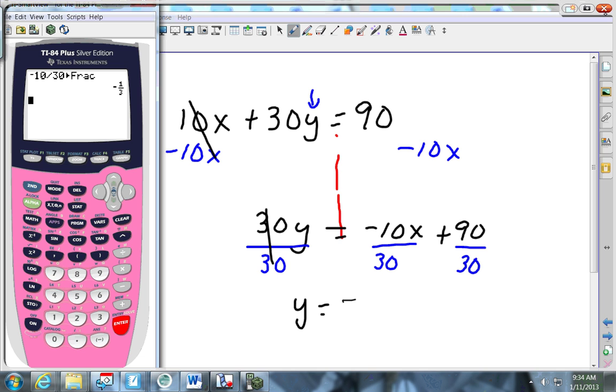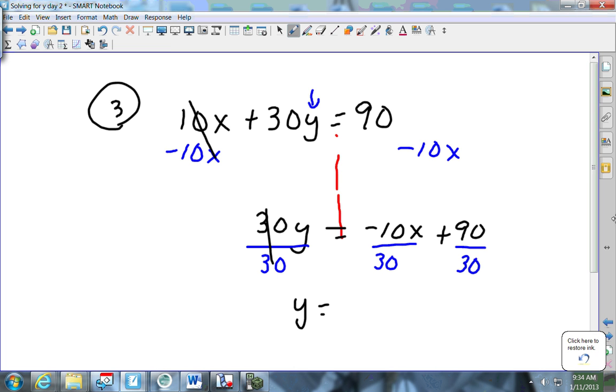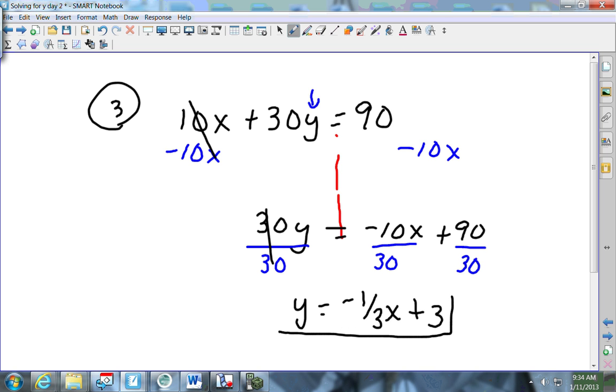All right. So it should be negative 1/3 x. You can even do them with this. If you're confused and don't know if 90 divided by 30 goes in evenly, you can put in 90 divided by 30, press math, enter, enter, and it will tell you that it's 3.